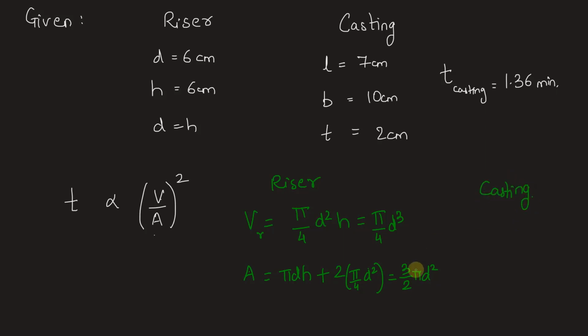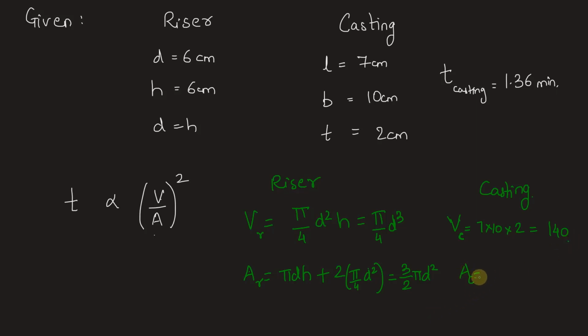For casting, the volume is simply 7 into 10 into 2, which is 140 centimeter cube. Let this be VC. And here the area for the riser is denoted AR, and for casting we'll keep it as VC and AC. So VC turns out to be 140 cube units.